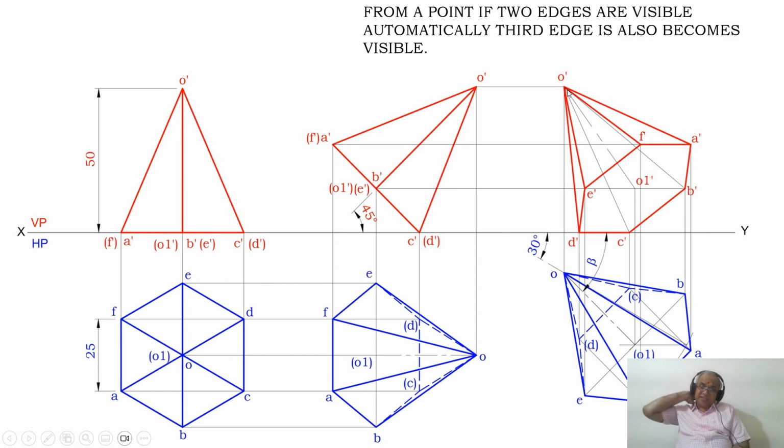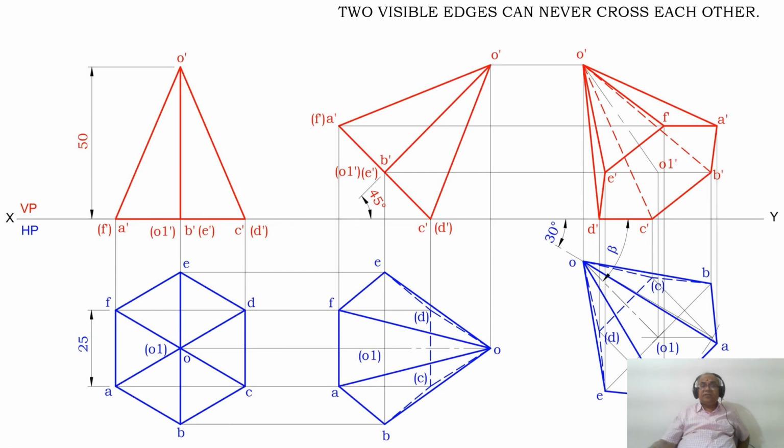Similarly, the same explanation is given for O dash C dash, because O dash C dash is one of the slant edges which is crossing the visible edge of E dash and F dash. Therefore, once the crossing of the visible edge takes place, these two edges are going to become invisible, because two visible edges can never cross each other.